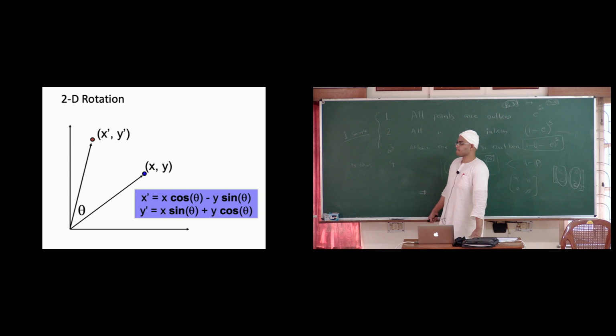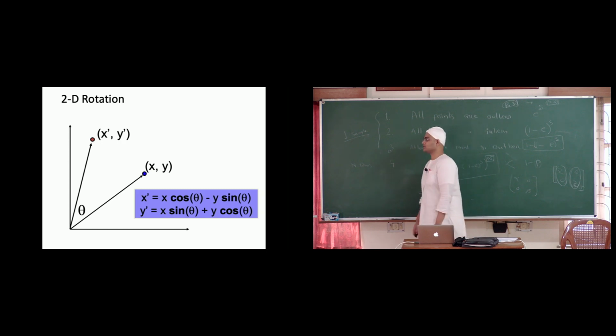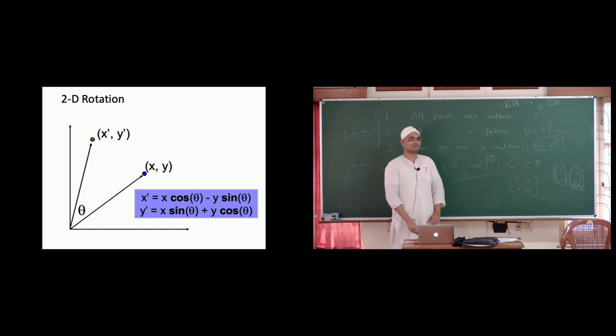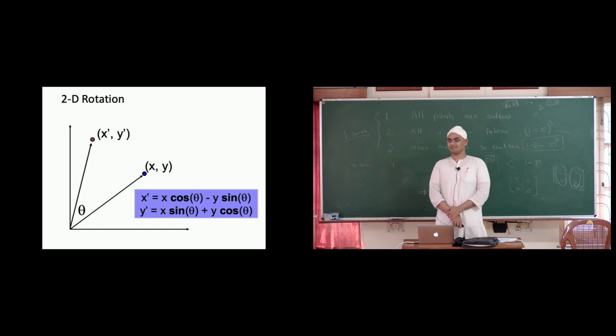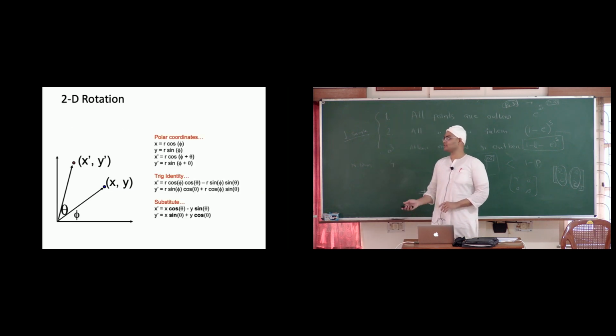And this is what I got: x bar is equal to x cos theta minus y sin theta, y bar is equal to x sin theta plus y cos theta. Is it very obvious? If it is not, I have given you this part also: x equal to r cos theta, y equal to r sin theta. Substituting and breaking this up, I am getting this.